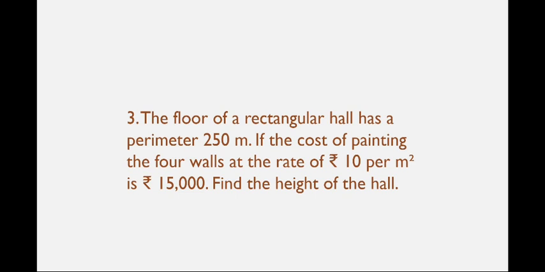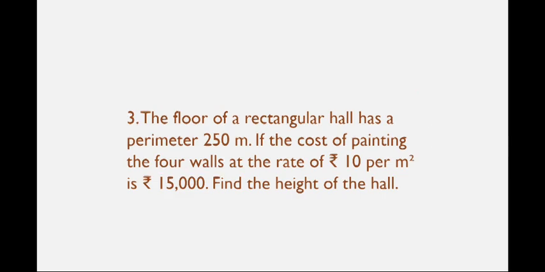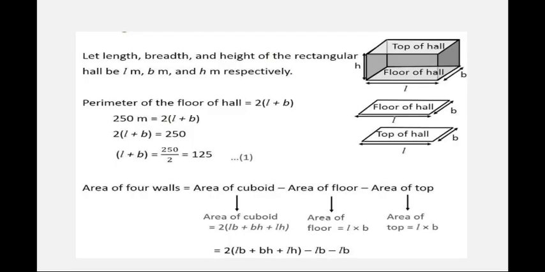Now here you have to paint 4 walls. That means you have to find the curved surface area of the room. Clear? Now let's check the solution. Let the length be l, breadth be b and height be h meters respectively, because the dimensions are not given here.